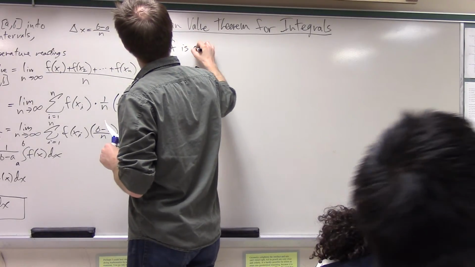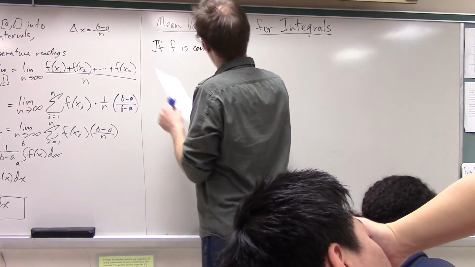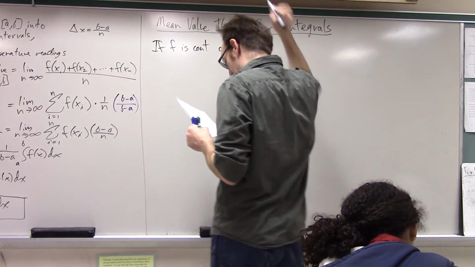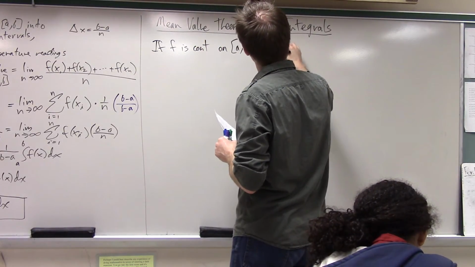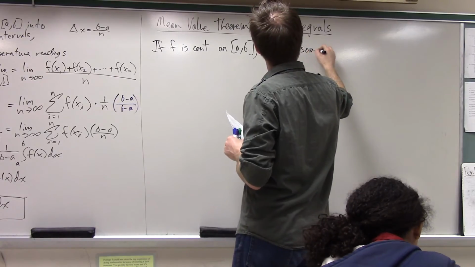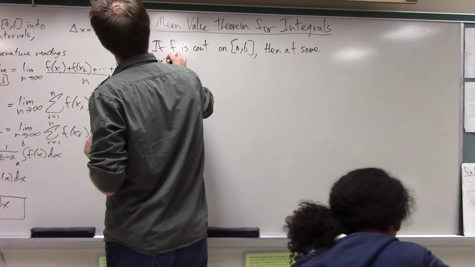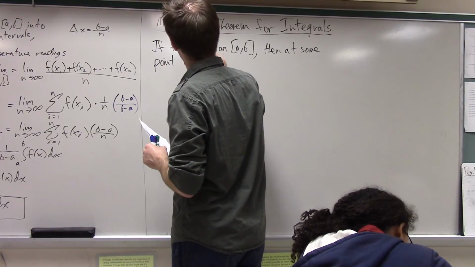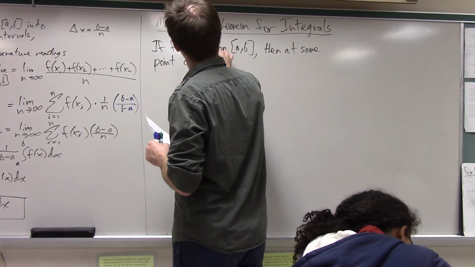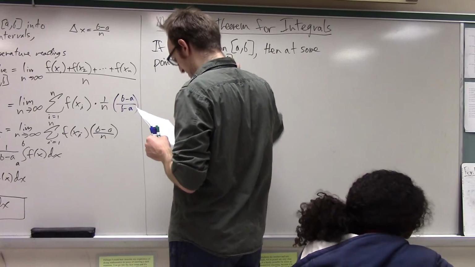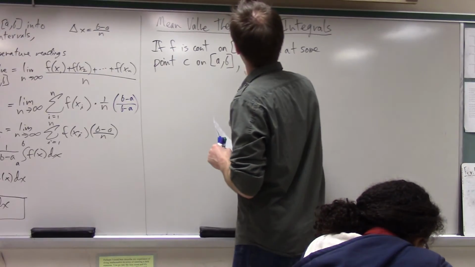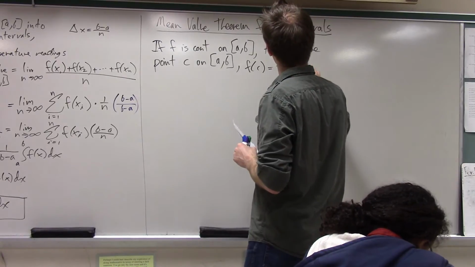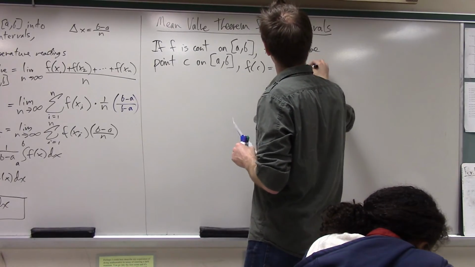If f is continuous on the interval AB, then at some point C on the interval AB, the function obtains its average value. f of C equals 1 over b minus a times the integral from a to b of f.